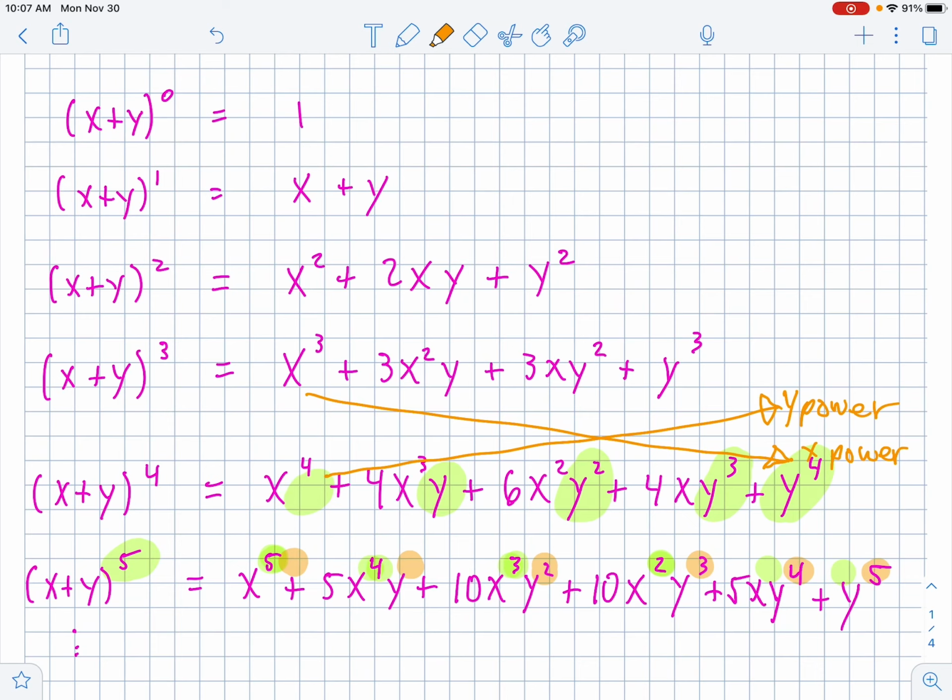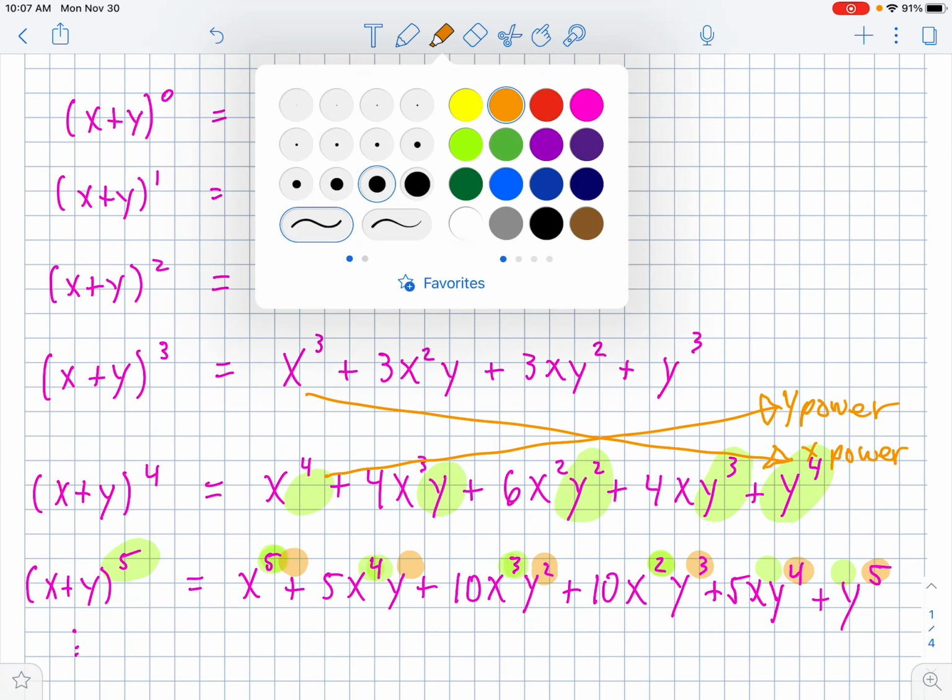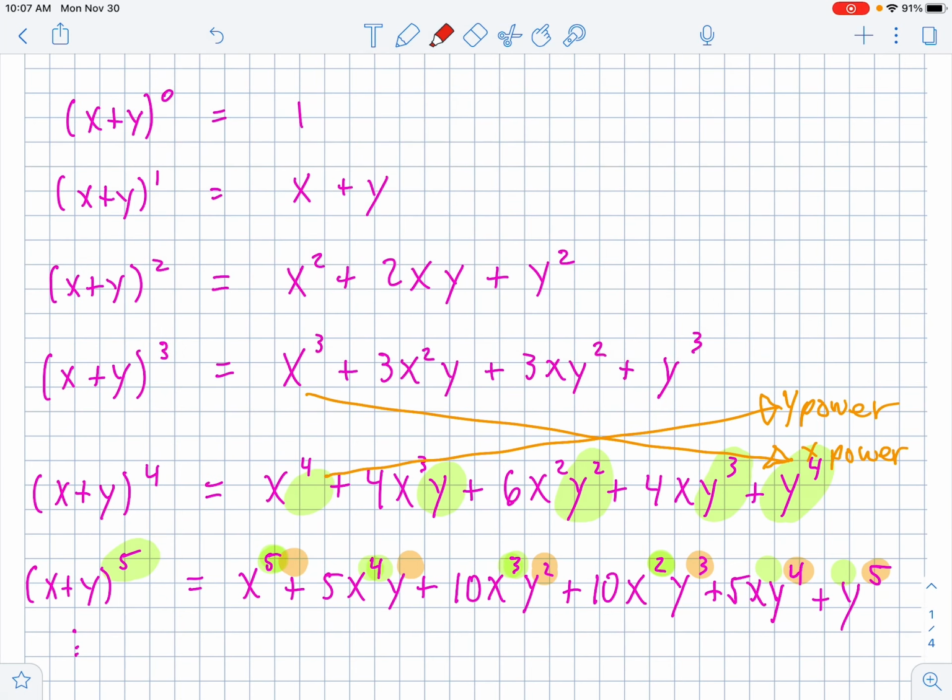The last thing we have to do with all this mess right here is a lot of students will look at it and go, but wait a minute, I understand the x and the y powers, but what about those coefficients? Like, where are those coming from? Look at these coefficients. It's like 1, 1, 1, 1, 2, 1, 1, 3, 3, 1. I don't like that highlighter. I'm going to have to start over.